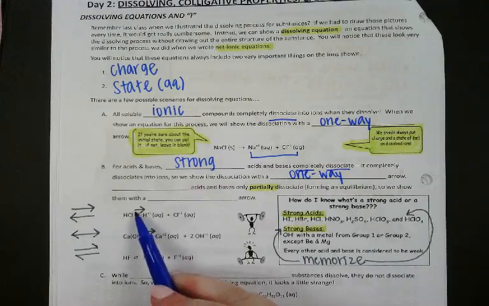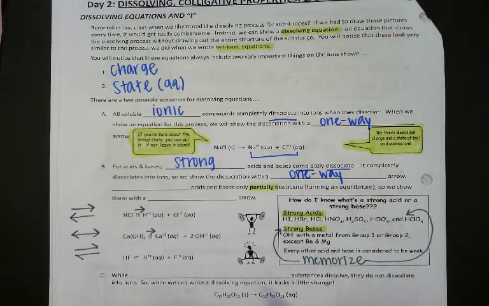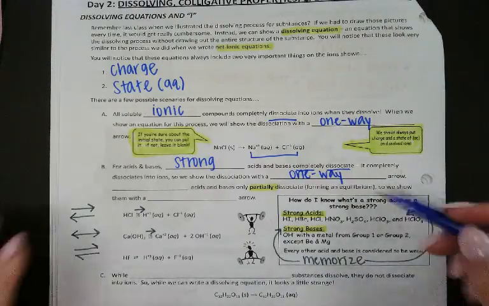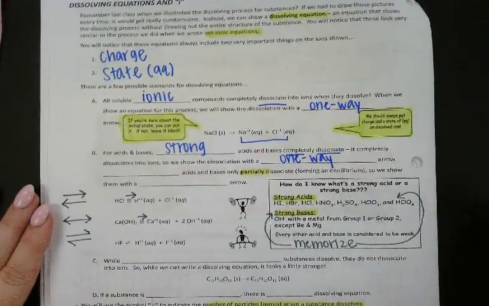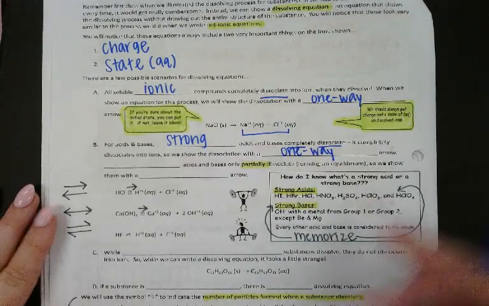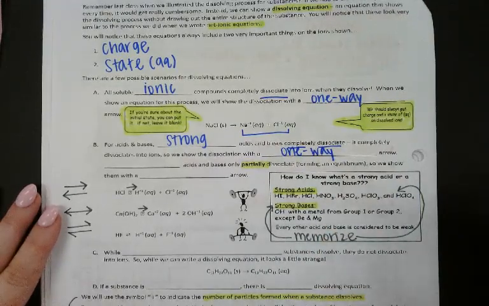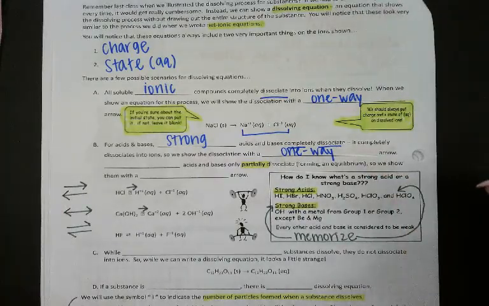This is what the arrow should be. I see that it didn't print. Hydrochloric acid is a strong acid. And right here, I have a table that says, how do I know what's a strong acid or a strong base? You have to have these memorized. You have to know that if you're working with a strong acid or a strong base, it is going to completely dissociate, and you have a one-way arrow. Okay?